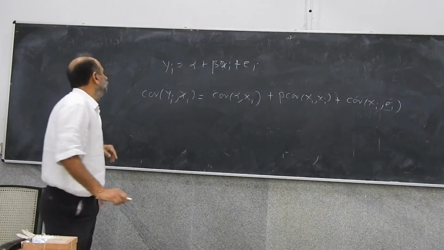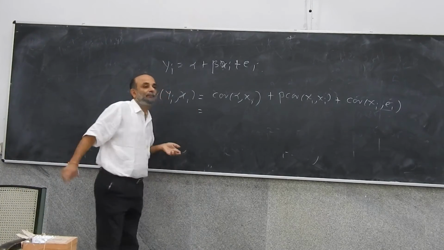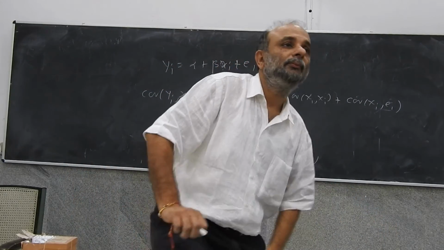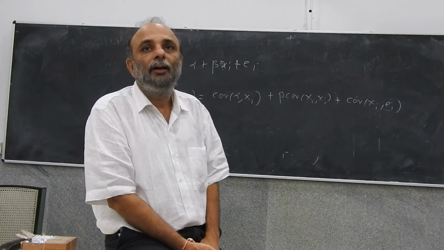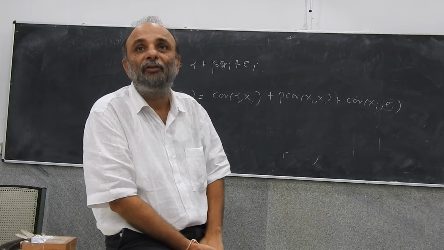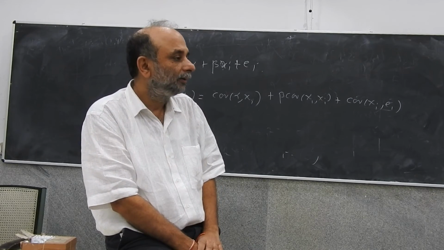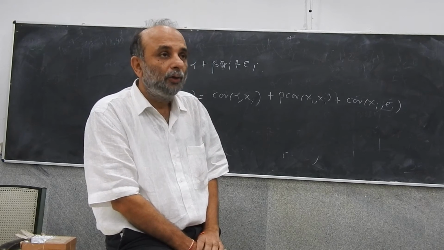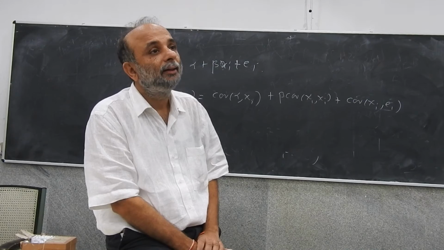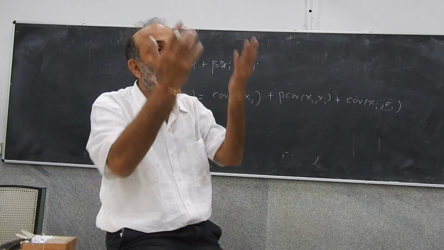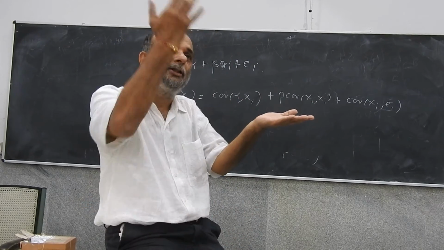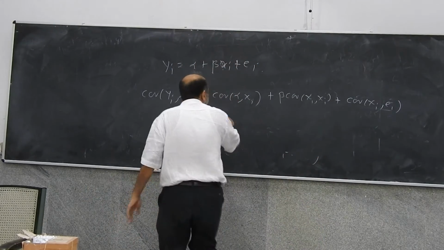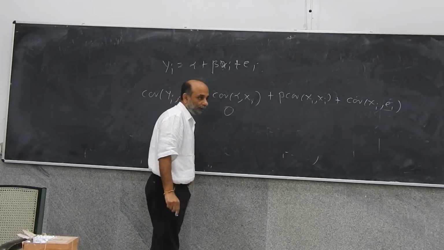Now, let's simplify this. What would be the covariance of alpha and xi? Any guess? What is alpha? A constant. What is covariance measuring? The co-movement. So if something is constant, does it move with anything else? No. So this part will be 0.